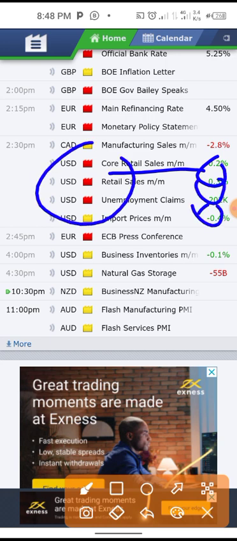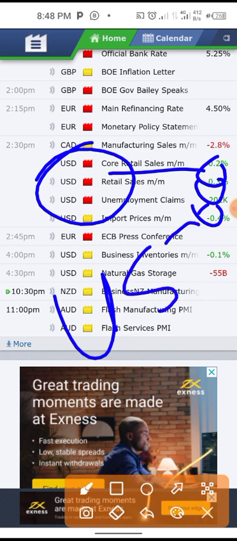So what do you do for US dollar? You go buy any US dollar pair like USDJPY. That is it. This is how you read fundamental news.